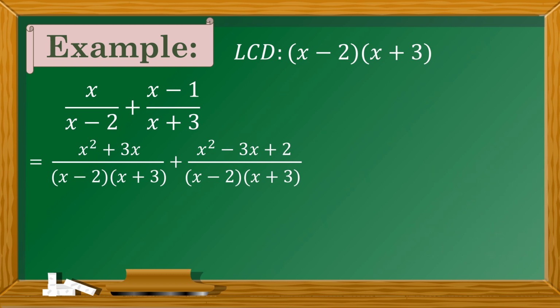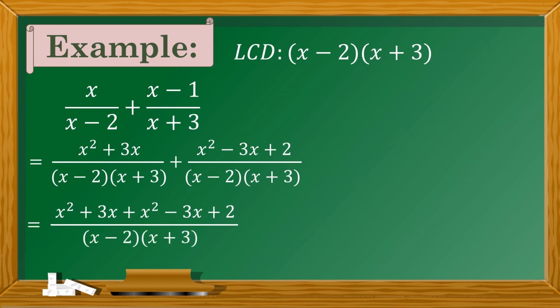Now we can add the numerators. So that will be x squared plus 3x plus x squared minus 3x plus 2, all over the LCD. So we can keep the LCD, which is quantity x minus 2 times quantity x plus 3. So in the numerator, we can add similar terms.